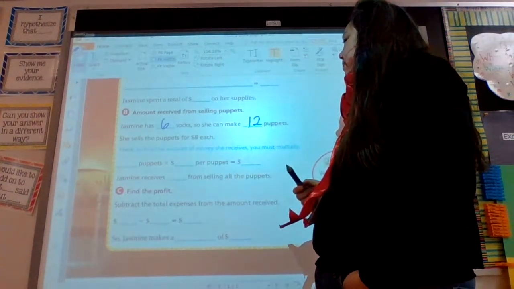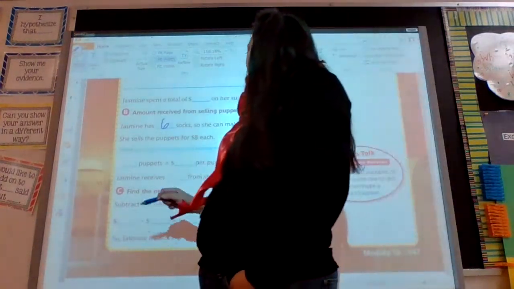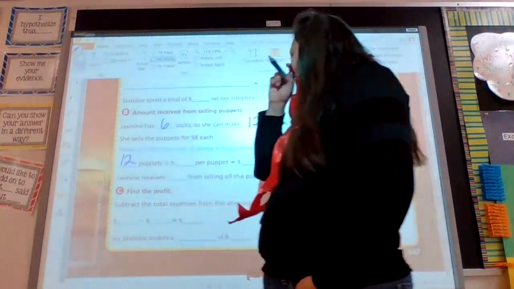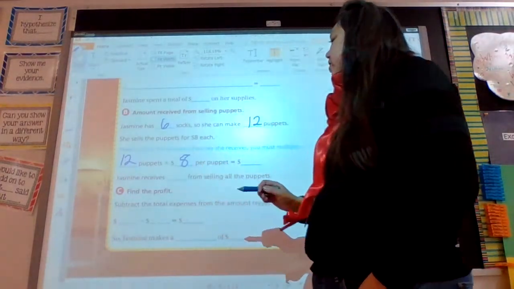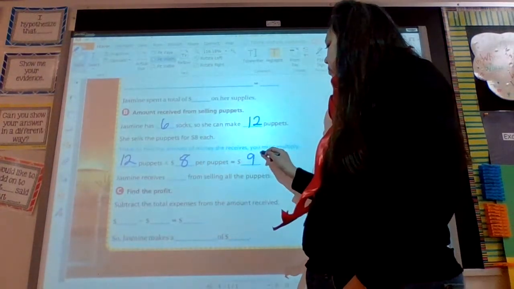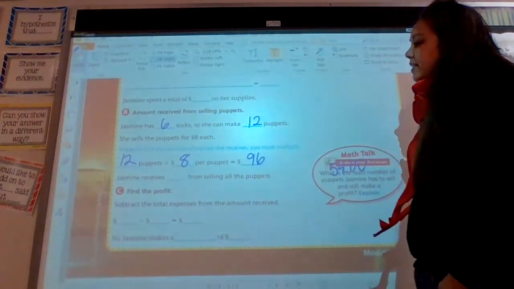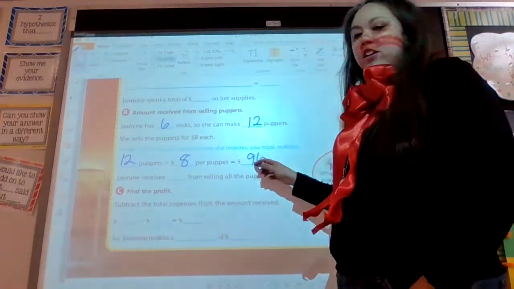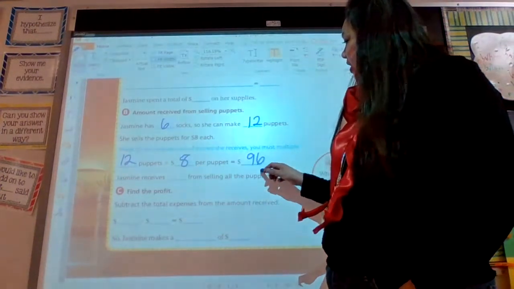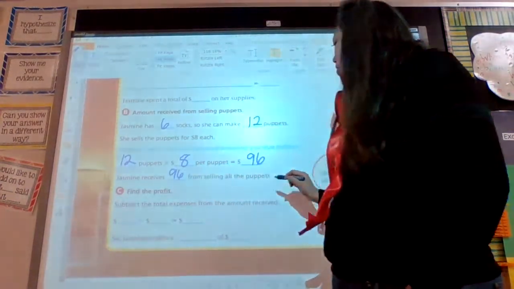So to find out the amount of money she'll receive, we must multiply. So we're going to take the 12 puppets by 8, and I told my students they need to know that that is 96. That's one of our facts we need to know. So she's going to make $96 off of this. So if she sells every one of her puppets, she should get $96.